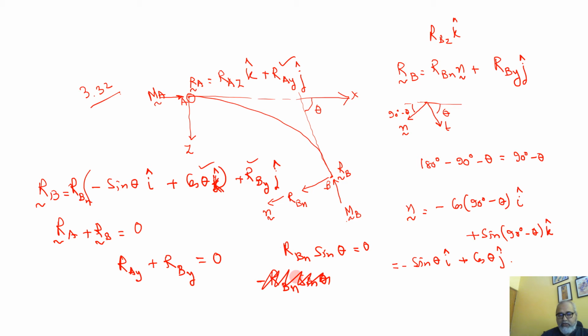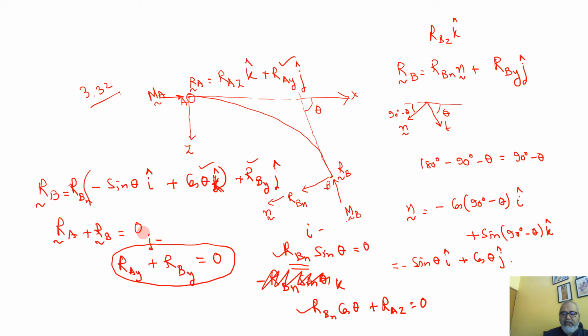K components. These are j components, these are i components, these are k components. So this is RBN cos theta plus RAZ equal to 0. So we get these three equations, from where we get to know that RBN has to be 0. So RAZ is also 0. So you are only left with the j equation. This is the only equation that you get from your balance of forces.